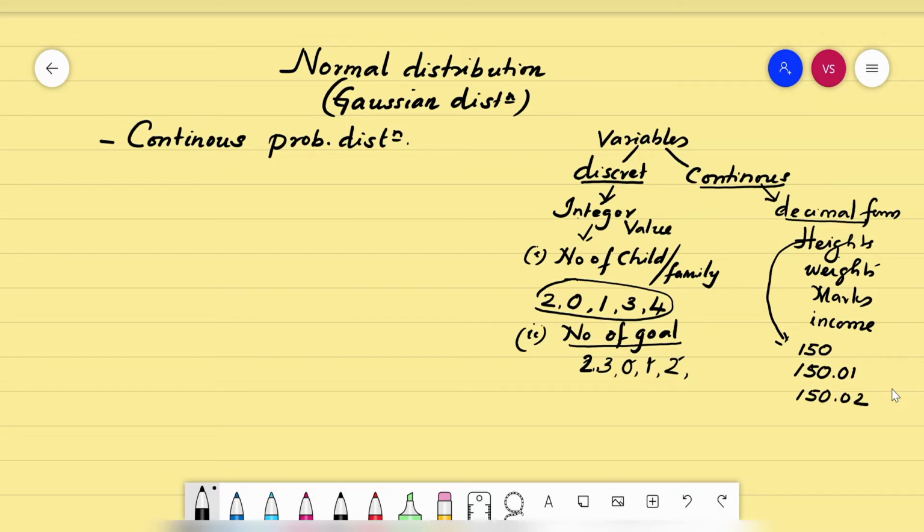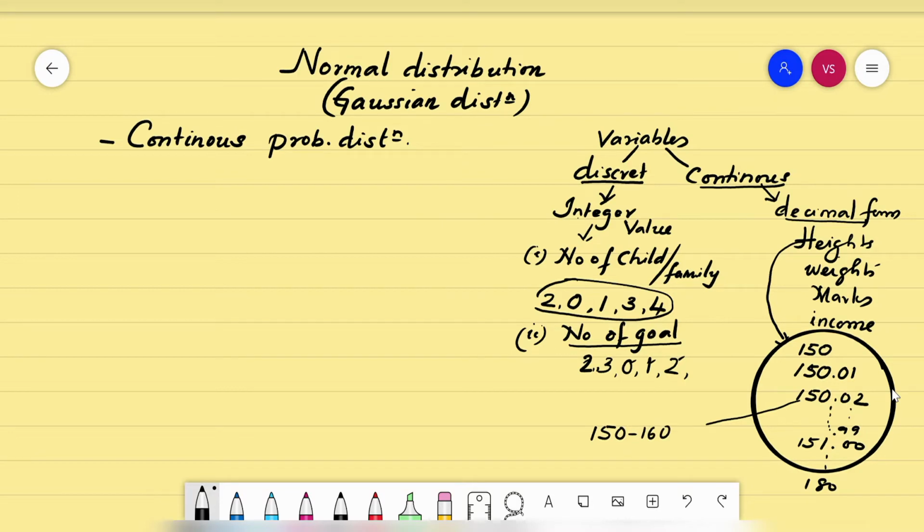So for the next whole number, 151, I have to come across 99 values. Then comes 151.00. If my range goes up to 180, how many observations would I have to mention? It will be too much. That is why continuous variables are always expressed in groups, like 150 to 160, 160 to 170, and these groups are called class intervals.